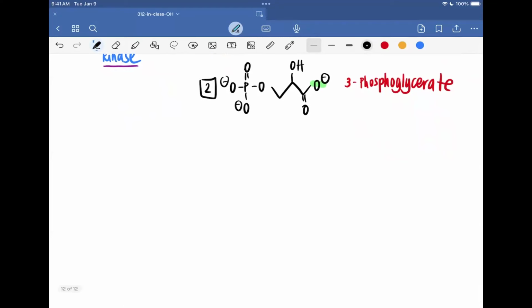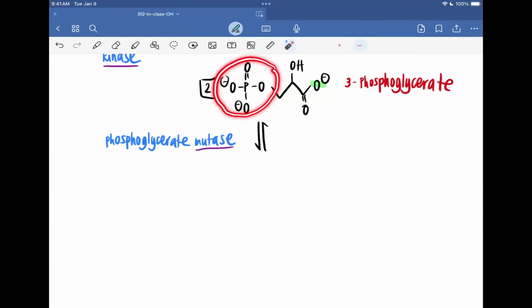The next reaction is catalyzed by a mutase called phosphoglycerate mutase. And this is a reversible reaction where there's going to be a change to the molecule, where specifically the phosphoryl group at carbon 3 and the alcohol group at carbon 2 are going to switch places. So we're going to synthesize 2-phosphoglycerate.